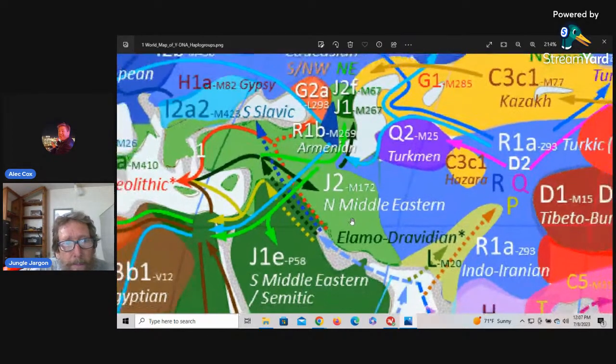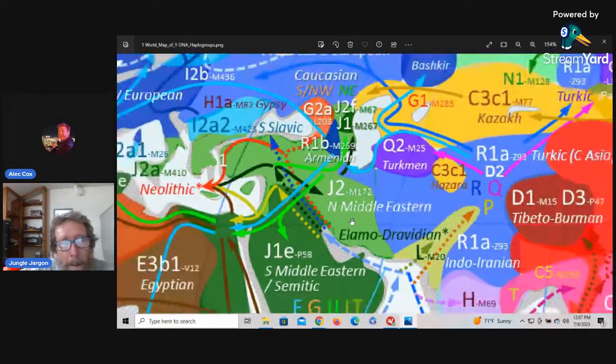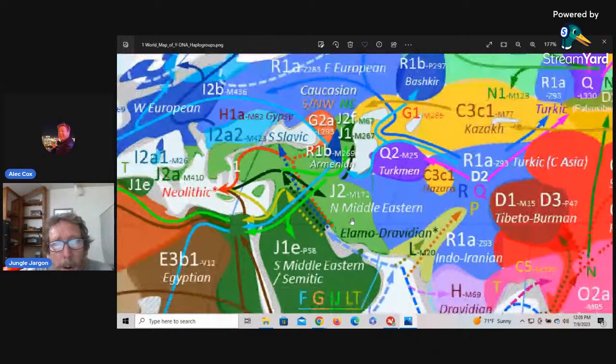Right. Let's just do a refresher, because all of this is after the flood. So we've got the Mesopotamian area that was populated first, and then everything spread out after that.